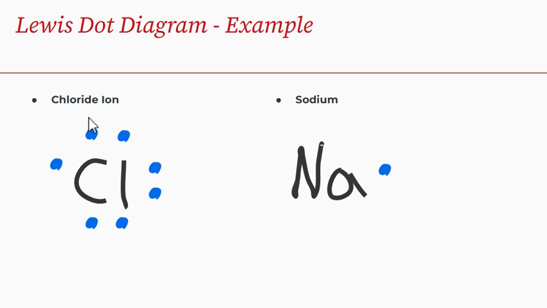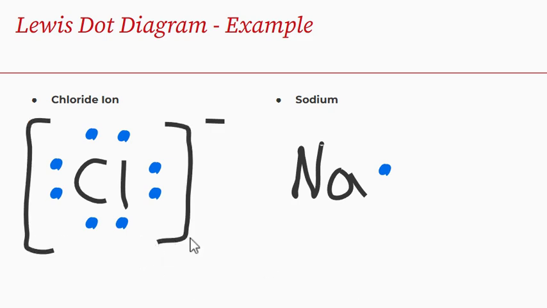If instead we had a chloride ion instead of chlorine, we know we want chlorine to have a full octet of valence electrons. So we would add 1 electron, right? So it instead has 8 valence electrons, like that.